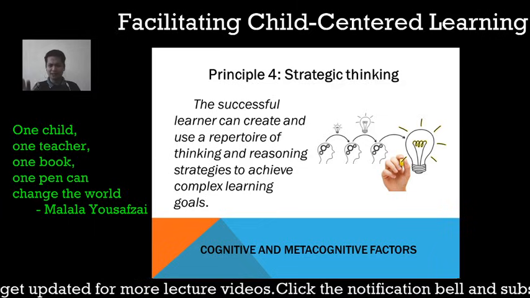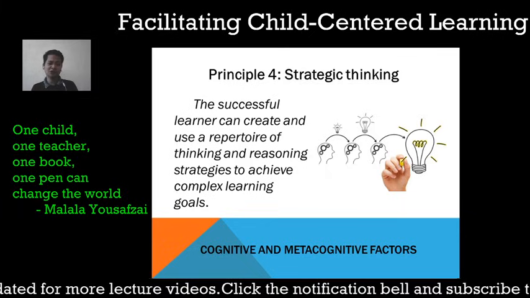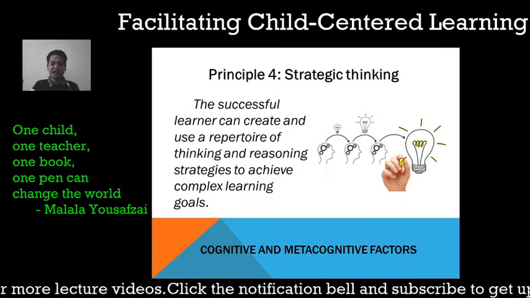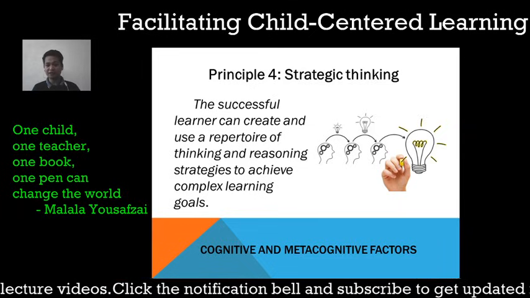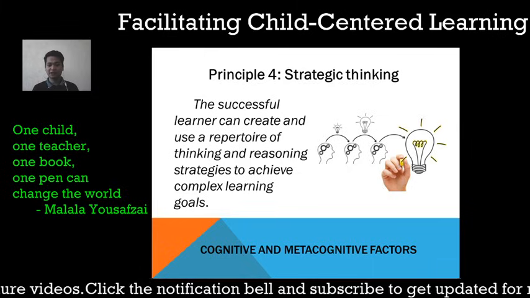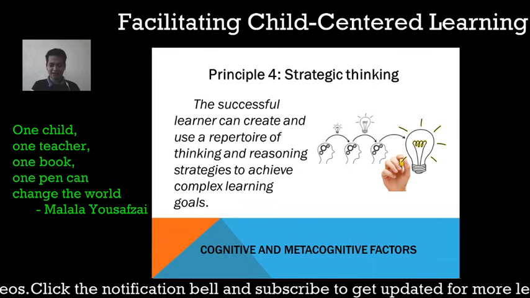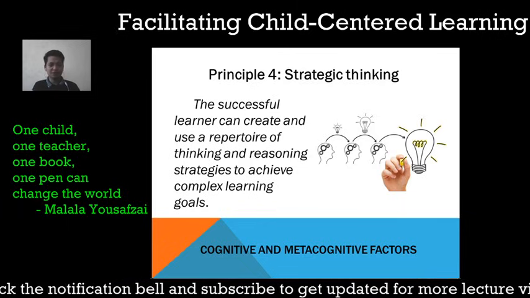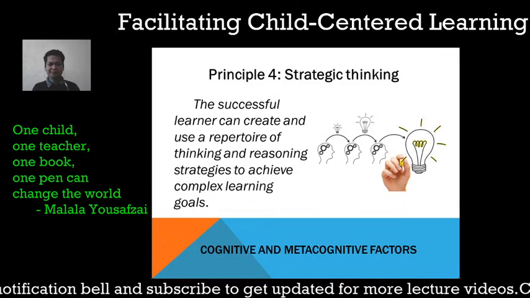So, at first glance, probably it's very difficult to attain, but the successful learners can make use of strategic thinking, right? How can we achieve this one? It's like, for example, if you're tasked to make a play, right? That's the end of the course. You will be staging a play or a musical, right? So at first it's very hard to do.